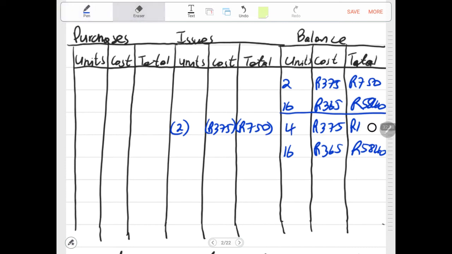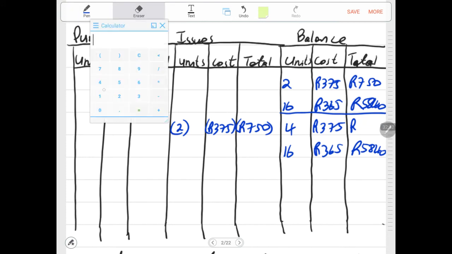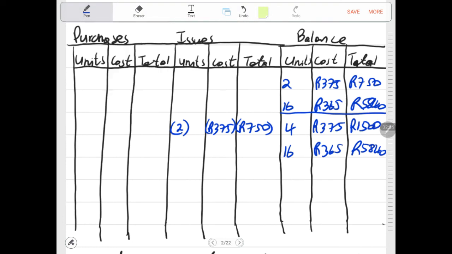So now it will be 4 at 375, which will be 1.5. 4 by 375, it will be 1,500. So now we have returned this 1,500. Yes, 750 still remains.